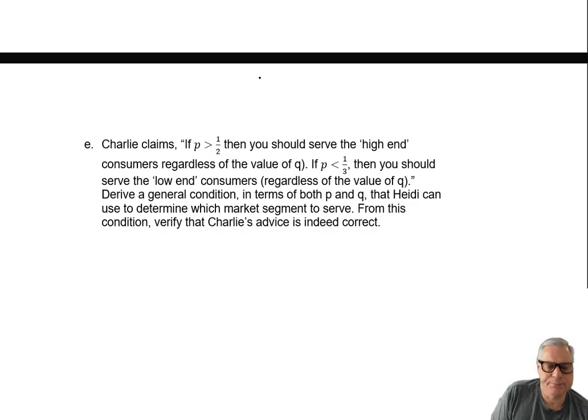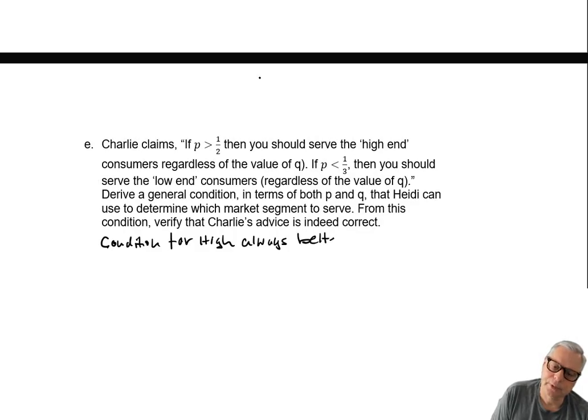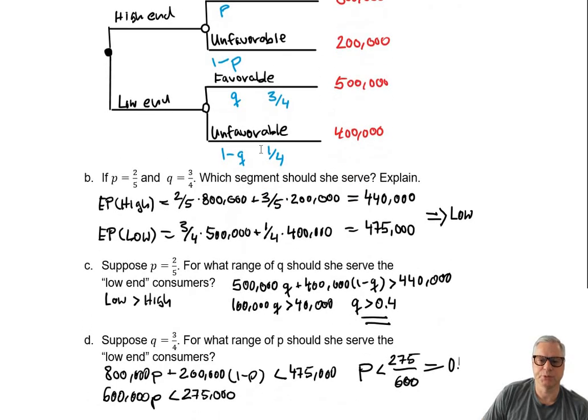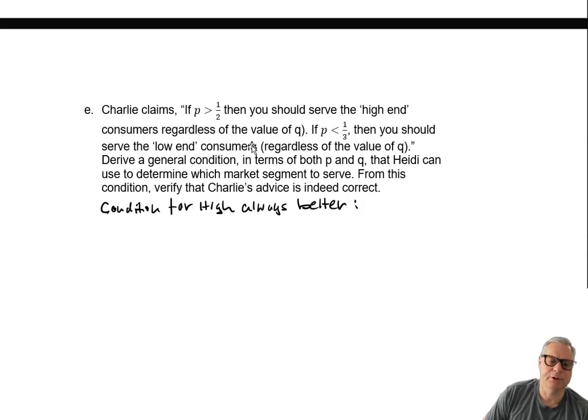Okay, so let's establish the condition for high end always being better. That is 800 times P plus 200 times 1 minus P, the expected payoff from high.